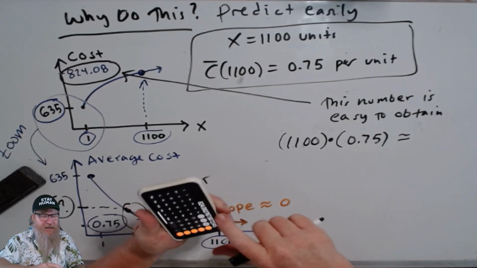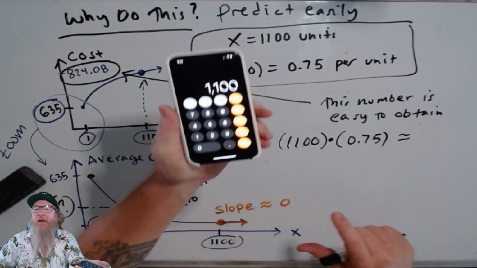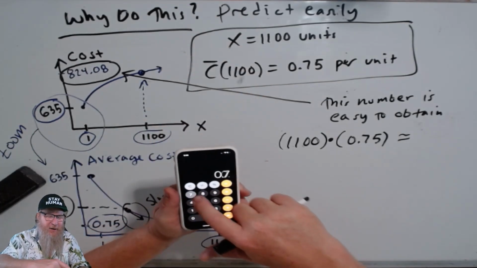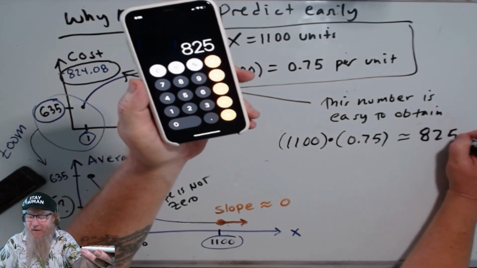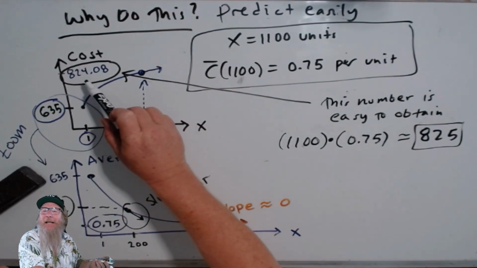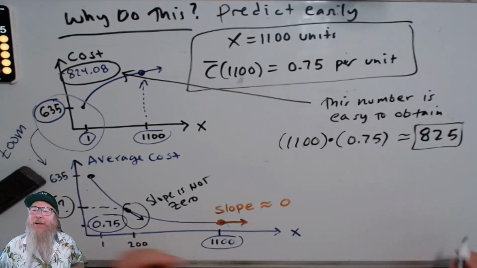You don't have to have any calculus. 1,100, just need a cell phone calculator. And what do you know? $825, which is, again, pretty much what that is. It's not exactly, of course, because we rounded and it's an average.